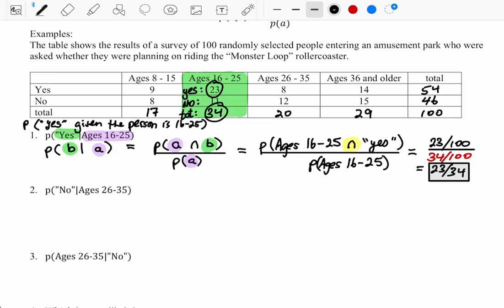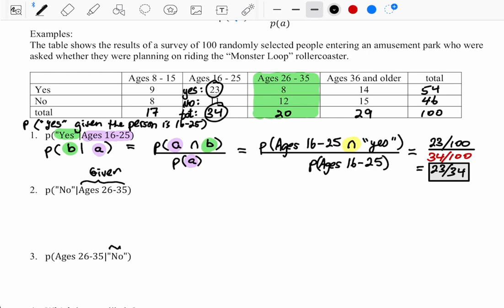So with that being said, for number 2, we're looking for the individuals who said no, given that they're in the 26 to 35 category. So this is my given.